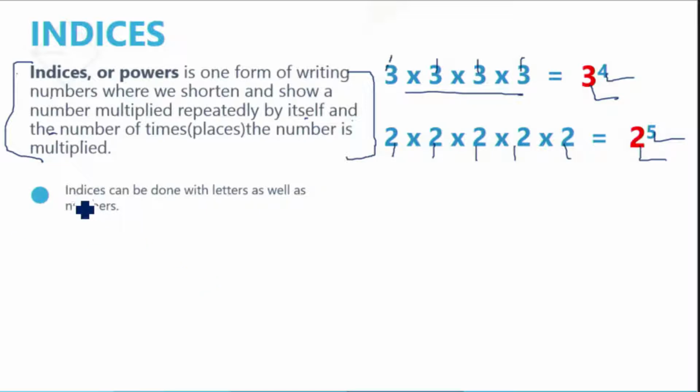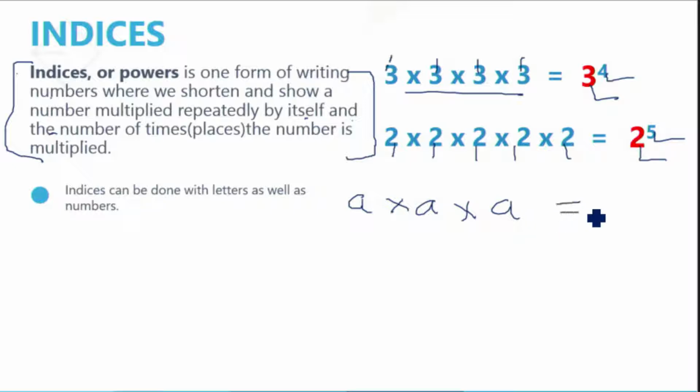So now, look at this point. Indices can be done with letters as well as numbers. So in the above two examples, we looked at numbers. But there are cases where you can have letters instead of numbers. So we can have, let's say, A times A, okay? And you're expected to write this in index form.